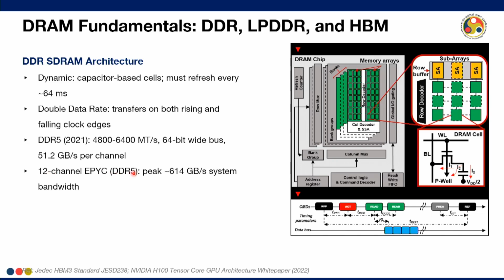Usually the EPYC processors that we talked about, the AMD EPYC 9654, use 12-channel DDR5, which attains a peak bandwidth of around 614 gigabytes per second.